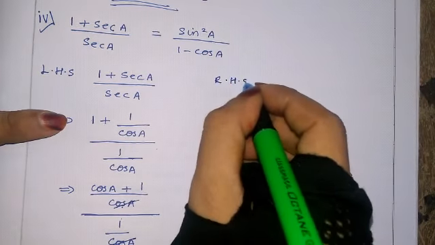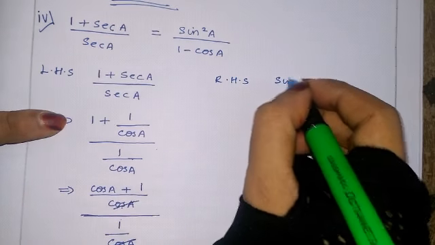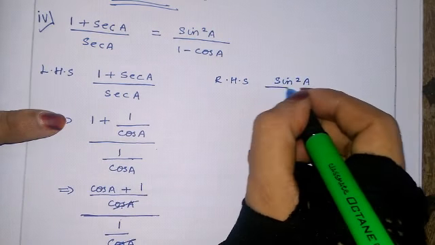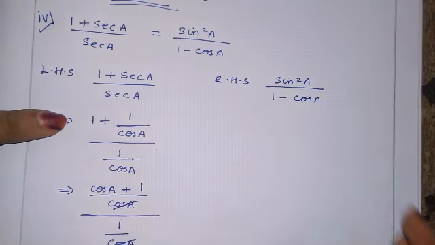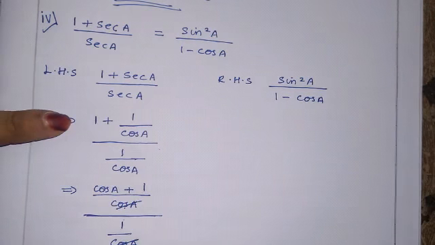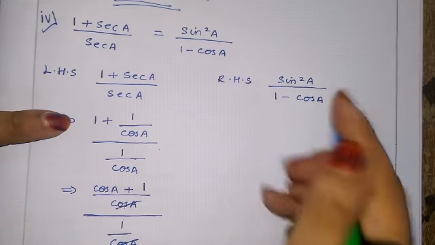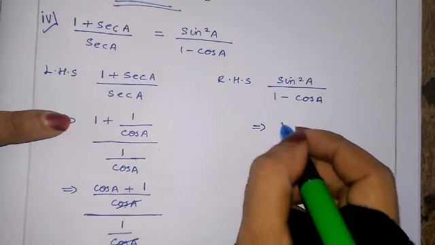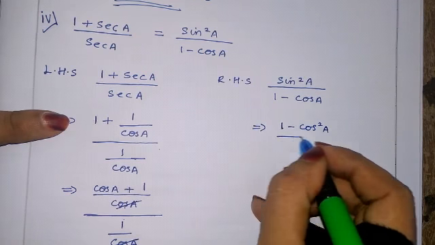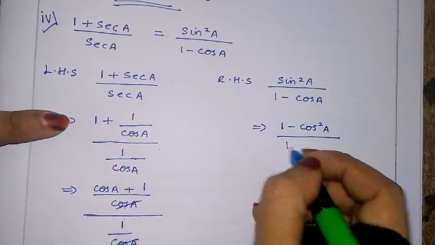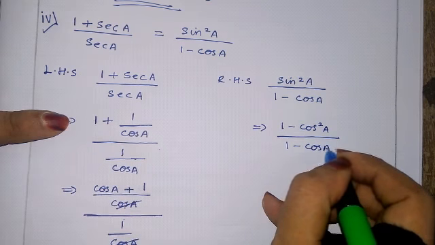Both answers should be the same, they told. Now, sin square a upon 1 minus cos a. Okay, now let us solve this. Sin square a. We know that sin square a is nothing but 1 minus cos square a. Sin square a value is 1 minus cos square a. I'll write the denominator 1 minus cos a as it is.